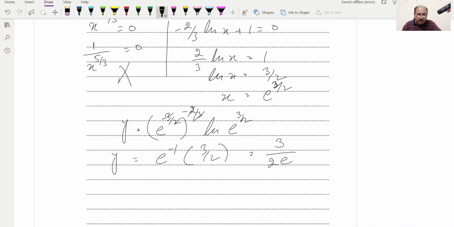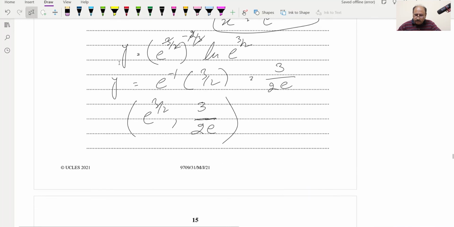This will be the y value, and the x value we found over here. So the point will be e raised to 3 by 2 and 3 by 2e, and this is the final answer which we found for this one.